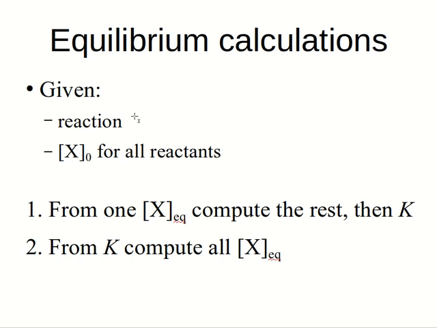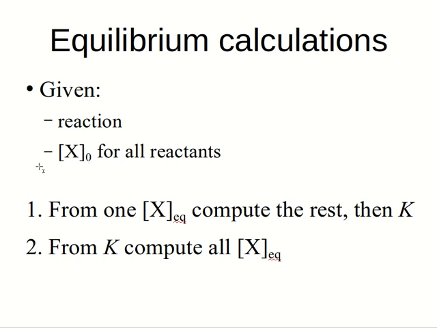Without a reaction, we can't even write down the law of mass action. We are also given the initial concentrations for all our reactants. We are running the reaction, we are setting it up. That's the typical situation. Mathematically you could play around in a different way, but that would be atypical.